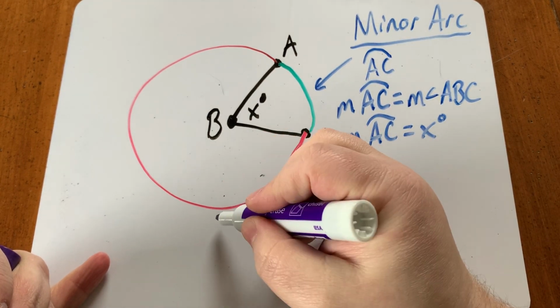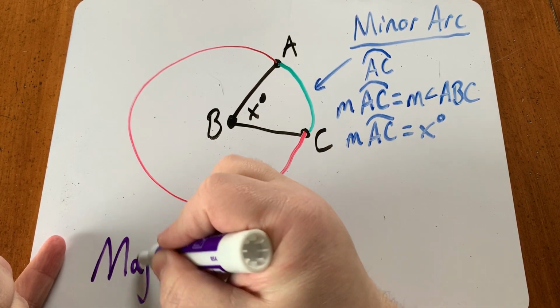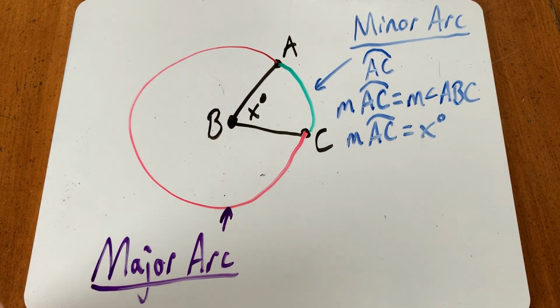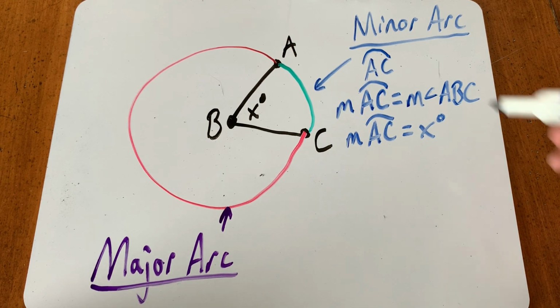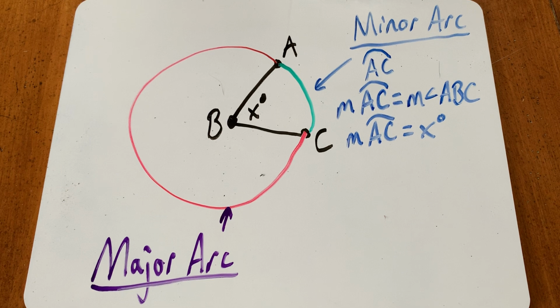The other arc is called a major arc. Makes sense, major, minor. But we can't name it with the endpoints because, well, we already have arc AC. Arc AC refers to that minor arc.